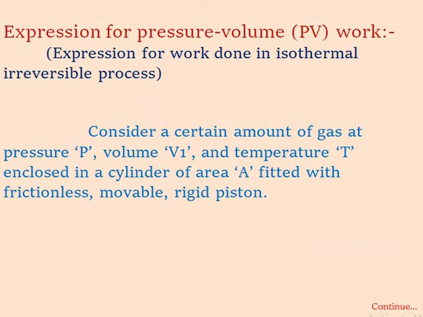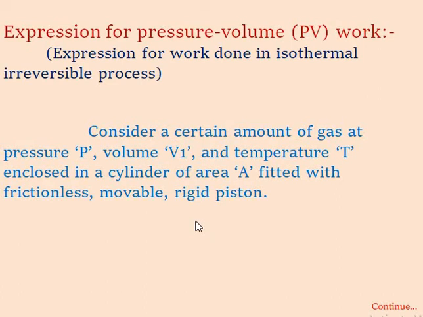Consider a certain amount of gas at a pressure P, volume V1 and temperature T, enclosed in a cylinder of area A, fitted with a frictionless, movable and rigid piston.